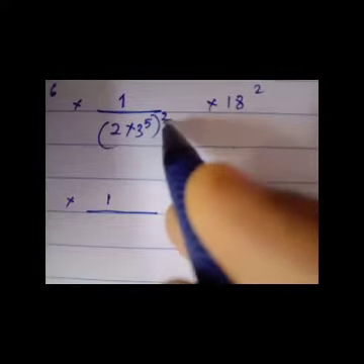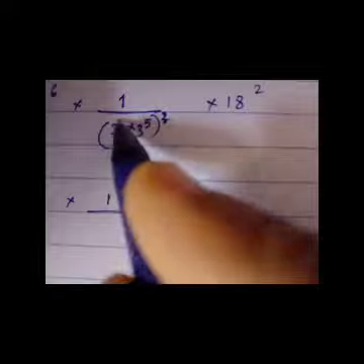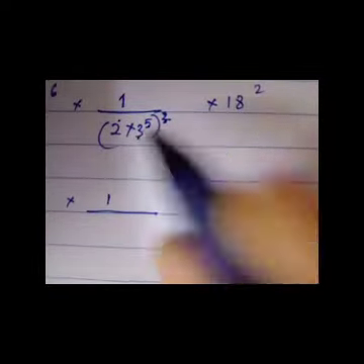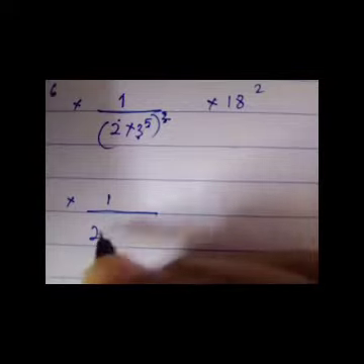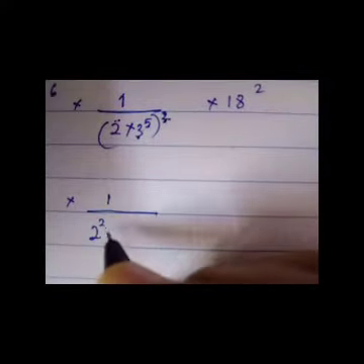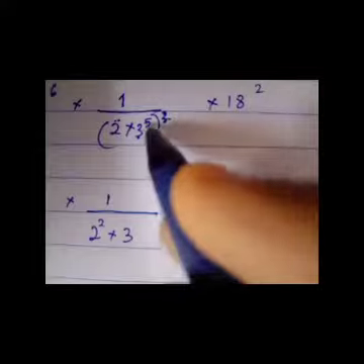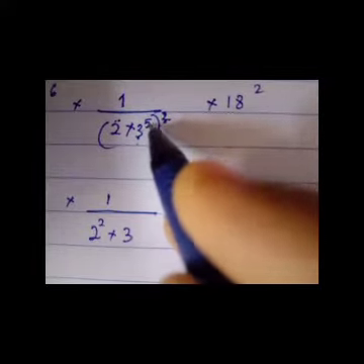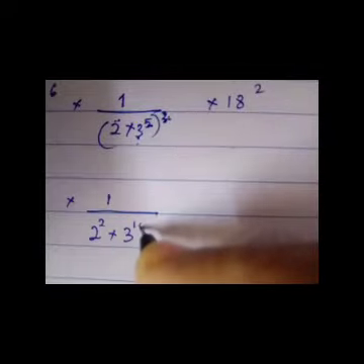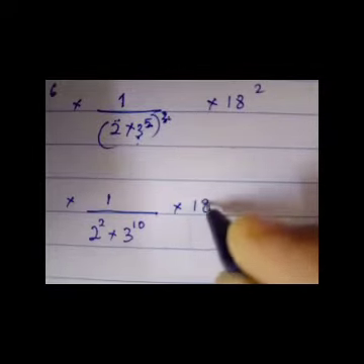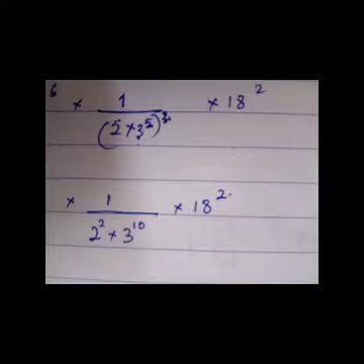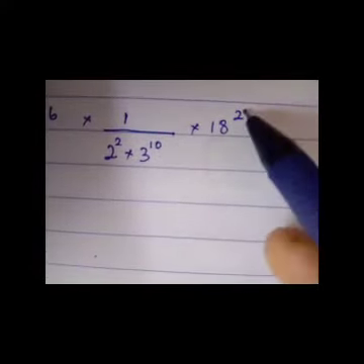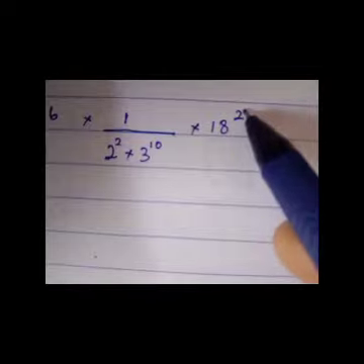So you have to multiply the power with this base 2 and also with this base 3. Therefore 2^2 into 3, already this 3 has the power 5, therefore 5 into 2 is 10, into 18 by 18^2.